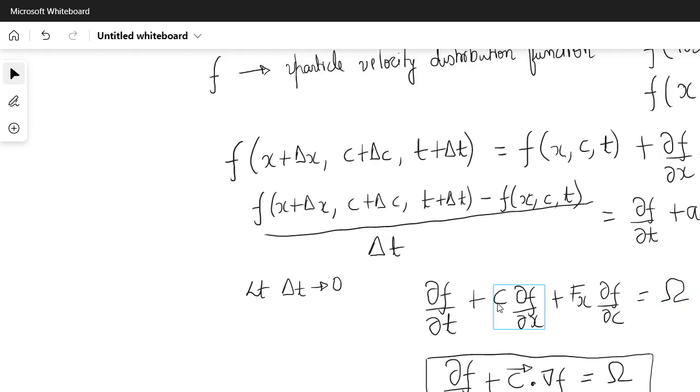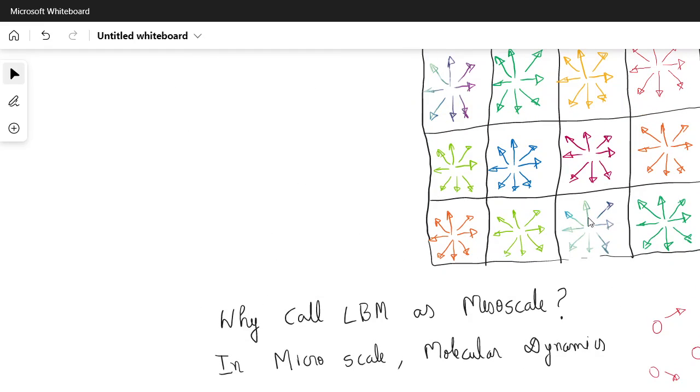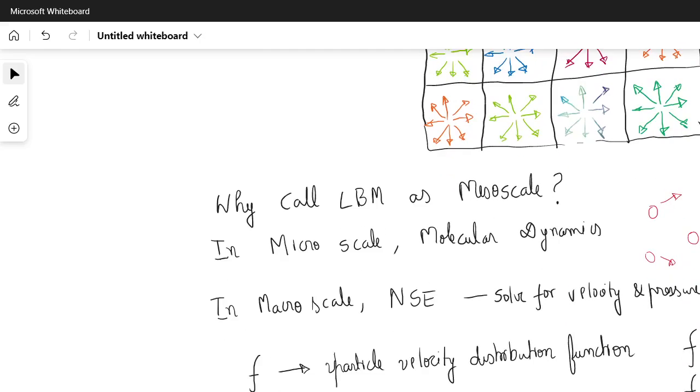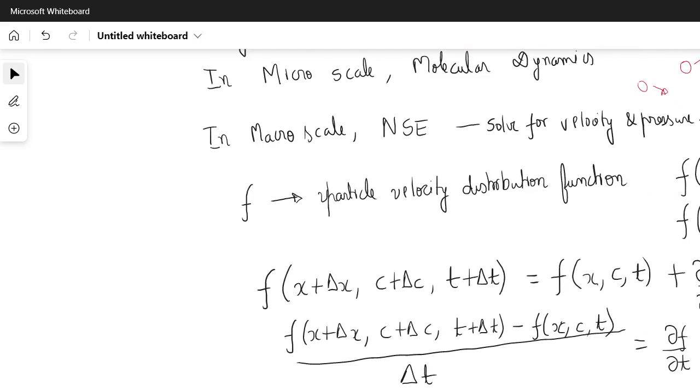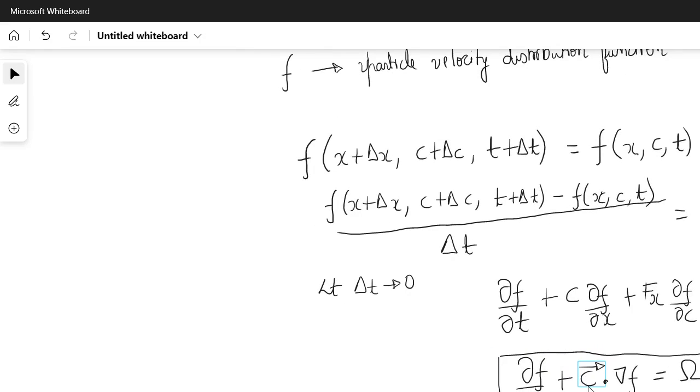Now here if you see, there are some particles moving to the right, some moving to the left, some to the top, some to the bottom. So there's x and y. c will have two components, which are c_x and c_y. That's why I've written c in vector notation: c_x i cap plus c_y j cap.